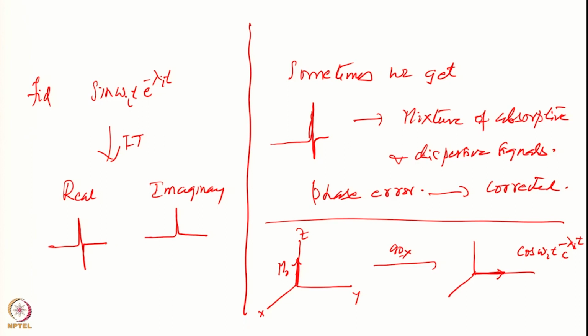But often it so happens that this is not achieved, and the magnetization which was initially rotating ends up at some other position, oriented somewhere in the transverse plane.